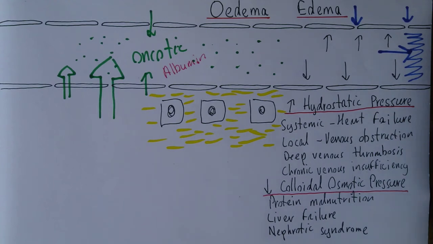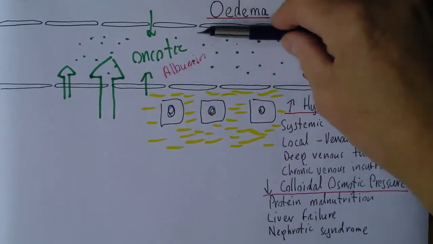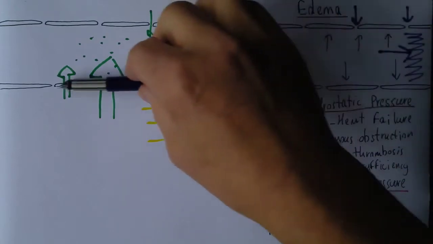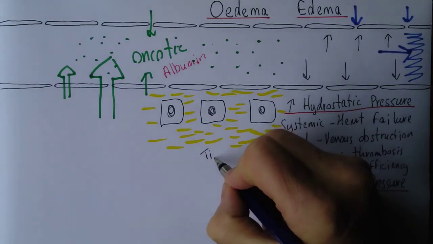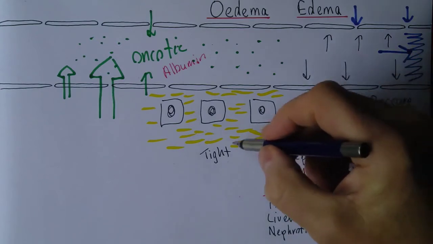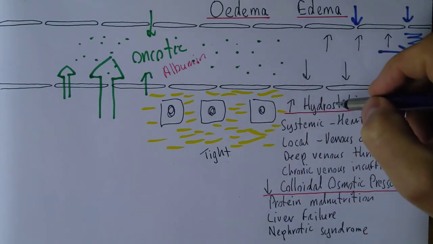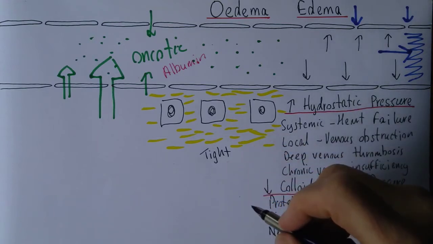But one of the interesting things is that in both of these conditions, the wall of the blood vessel is intact. It's still tight. There is a normal blood vessel wall. So the edematous fluid caused by the increased hydrostatic pressure and the reduced colloidal osmotic pressure, we call those transudates.